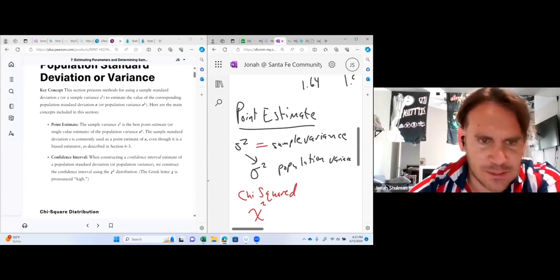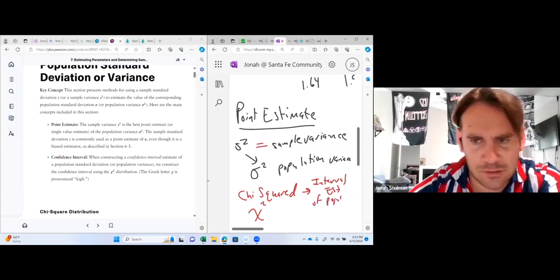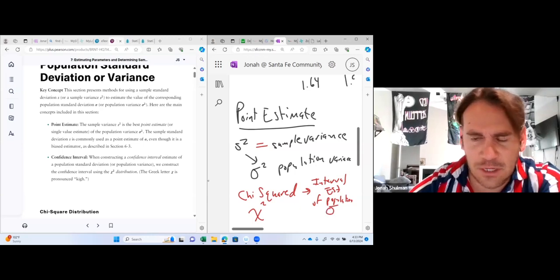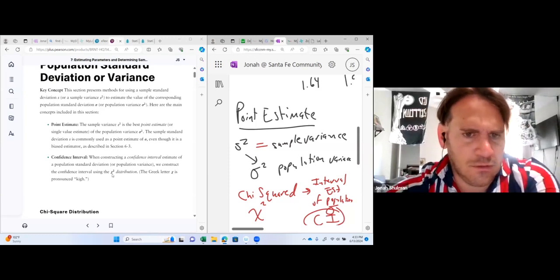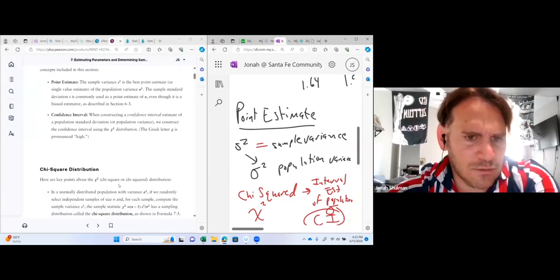This is the interval estimate of the population standard deviation. And that is what our CI is now. So our confidence interval is talking about what? The chi-squared is the estimate of the population standard deviation.